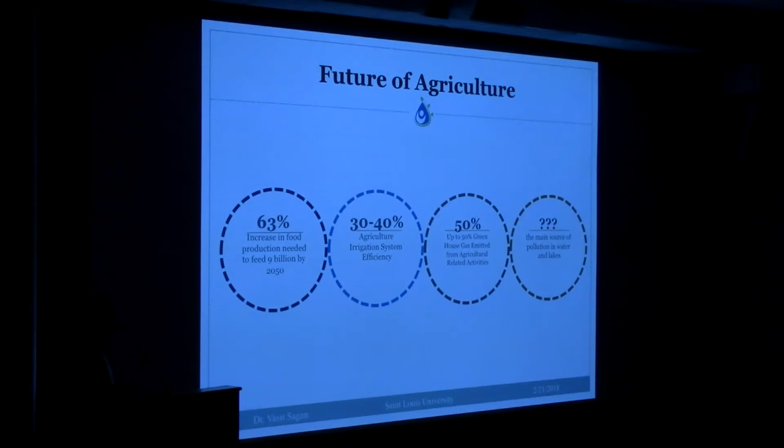So why agriculture? Why are we interested in this? What's the motivation? A number of things. One, there will be a 63%, even more, up to 70% increase in demand for agricultural products by 2050. And this is primarily due to increased population worldwide.